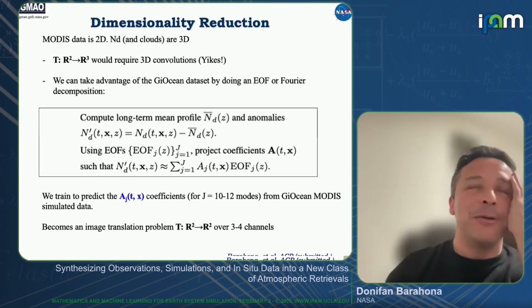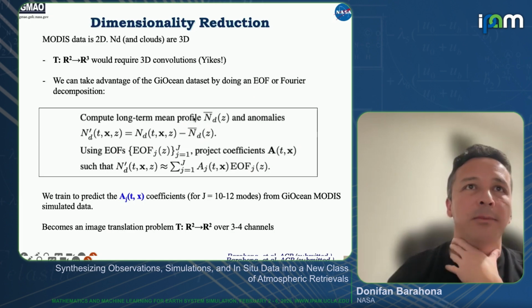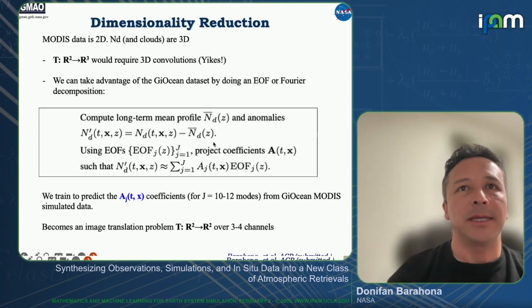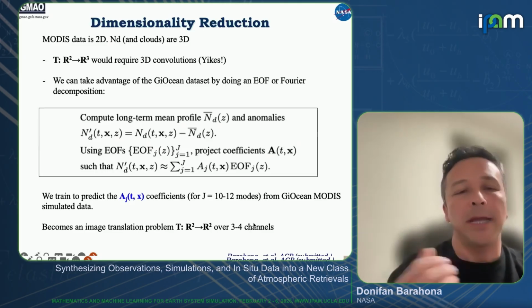But as I mentioned, we can take advantage of the GI Ocean data set by doing a Fourier or EOF decomposition, in which we compute the anomaly using our prior data set, and then decompose the anomaly into pre-computed empirical orthogonal functions and principal components, and restrict our problem to just predicting these 2D coefficients for each of them. That reduces the dimensionality of the problem, so we just have to go from R2 to R2 instead of trying to get these 3D convolutions. And that's what we did.